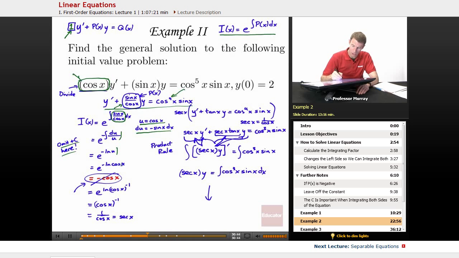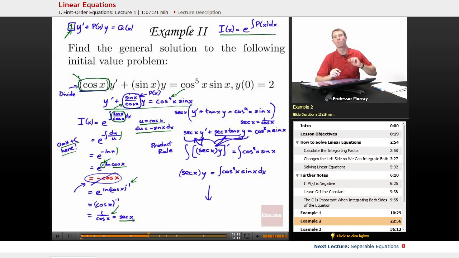The negative natural log of u substitutes back to negative natural log of cosine of x. And it's very tempting at this point, and something that students often do, to try to cancel the e and the natural log. But it doesn't work because of that negative in between them. You've got to turn that negative into an exponent first, then you can cancel off the e and the natural log, and you get 1 over cosine x, or secant x, as your integrating factor.